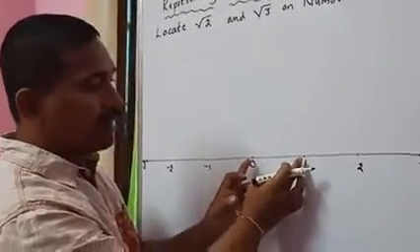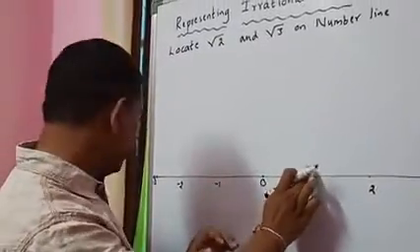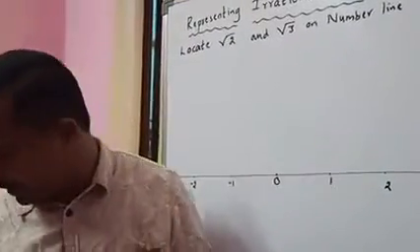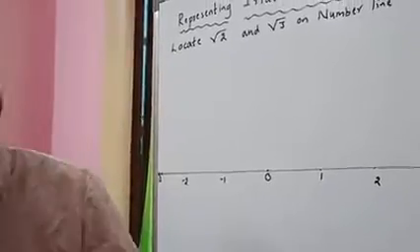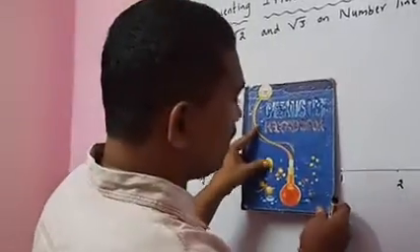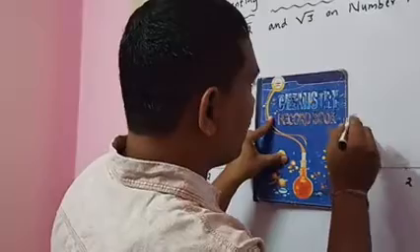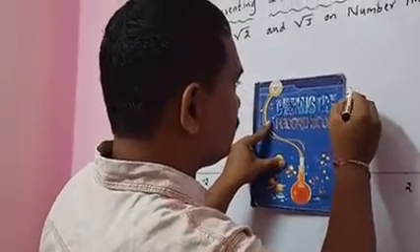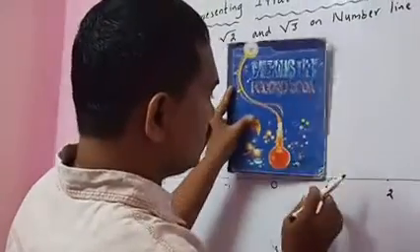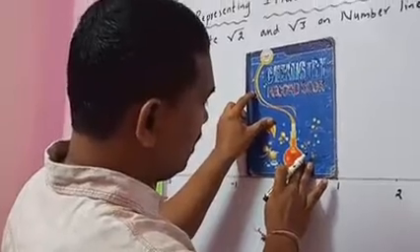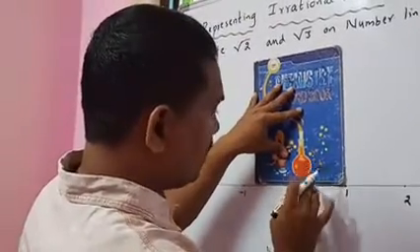Draw a right angle triangle by drawing one perpendicular. When drawing a perpendicular using the ruler, draw it like this.